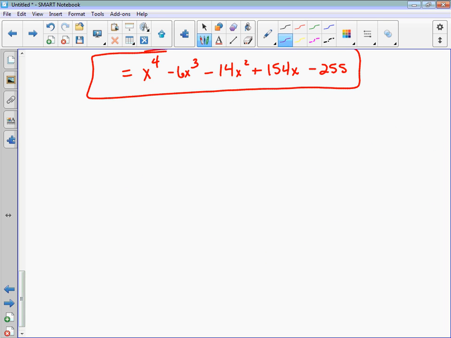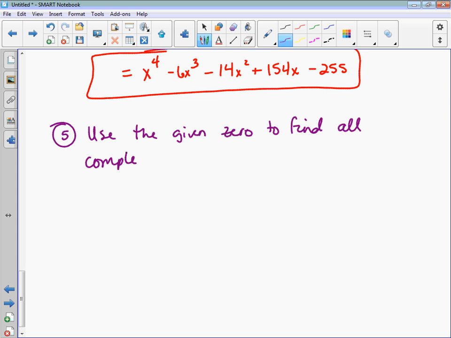All right, this is better. All right, use the given zero. Find all complex zeros.